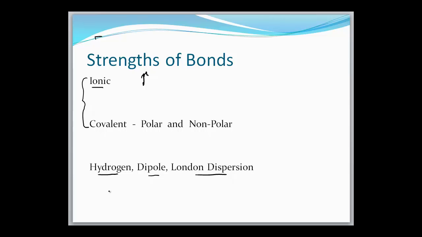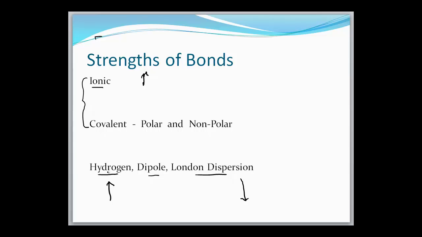In terms of intermolecular forces, hydrogen bonds have the strongest bond, dipoles would be next, and then London dispersions would be the weakest bonds. So what this means for us is when you're looking at a compound and you're trying to determine what has the highest boiling point and, say, freezing point.